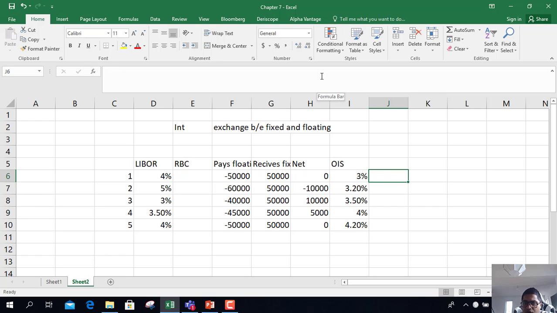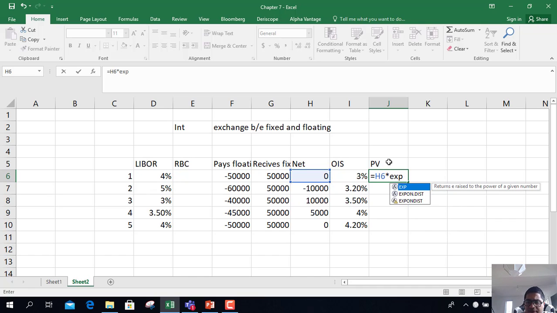Okay, so how do you find present value? So to find present value, we use continuous compounding. So formula is netted amount multiplied by exponential negative sign interest rate times number of years. So once again, I'll write it down too.